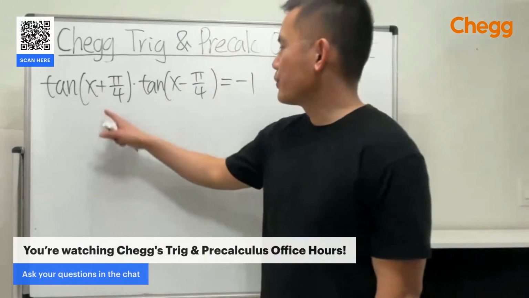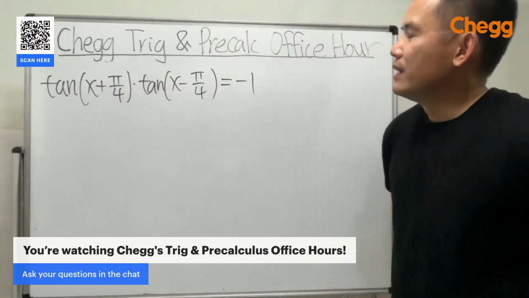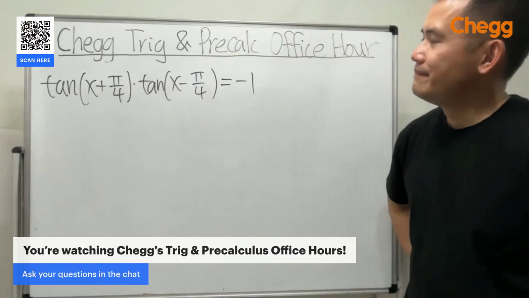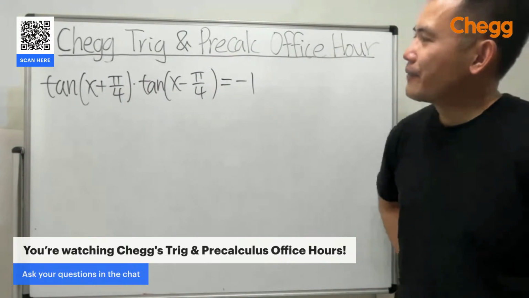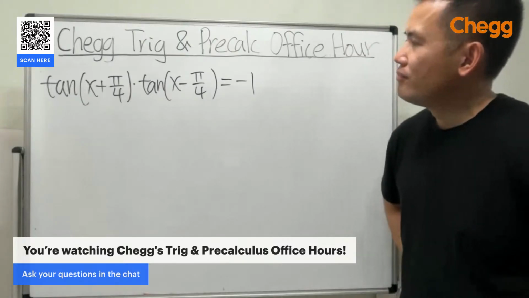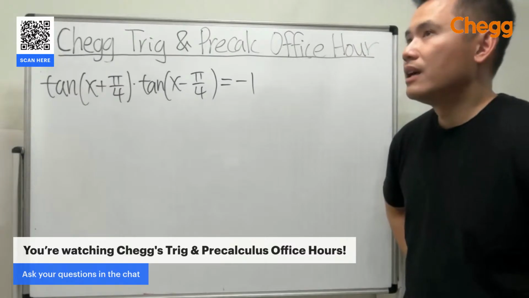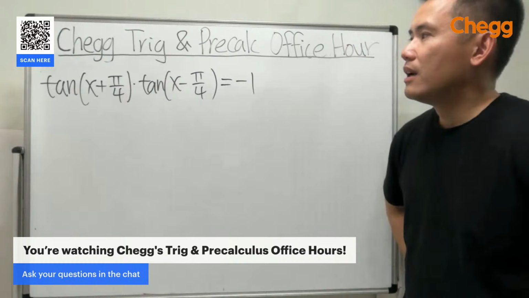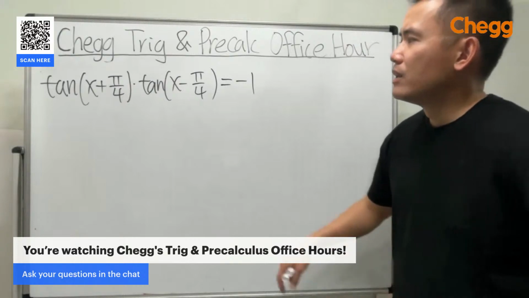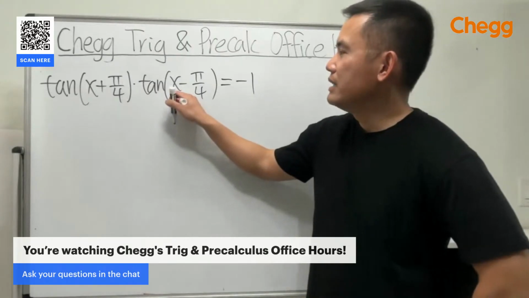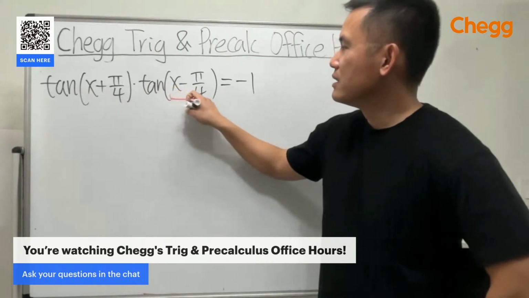Okay, so we're going to prove that this is equal to -1. This right here looks kind of suspicious.